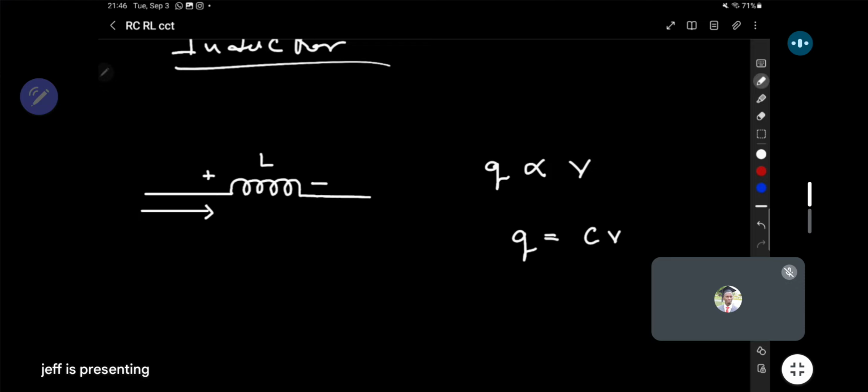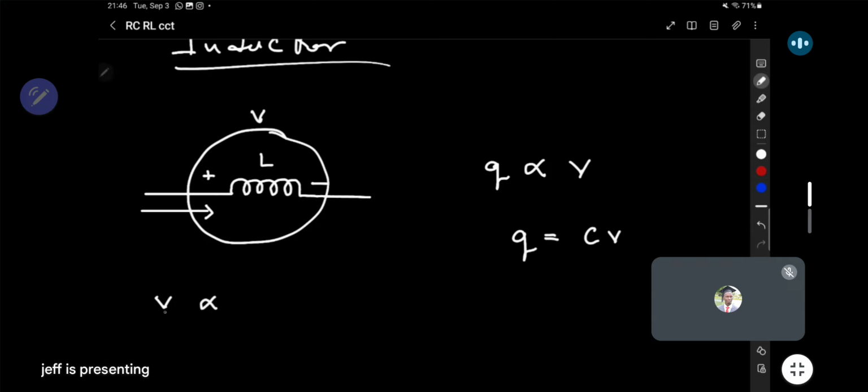For an inductor, let's label the voltage across the inductor as V. The voltage across an inductor will be directly proportional to the time rate of change of current.